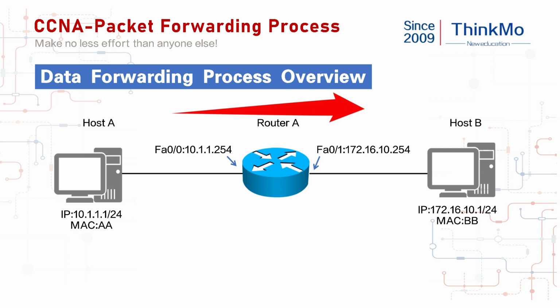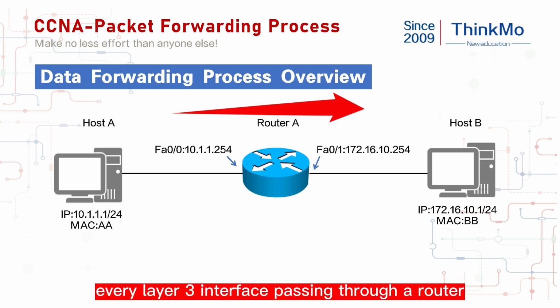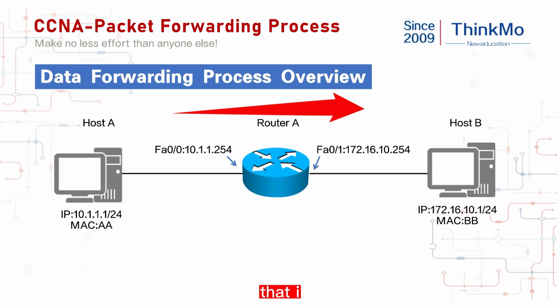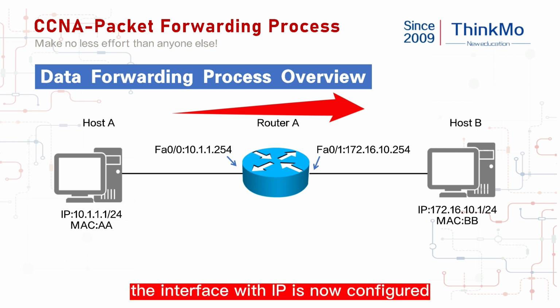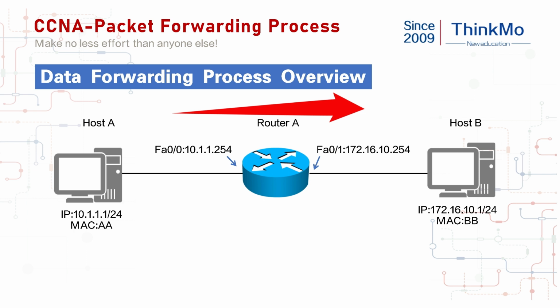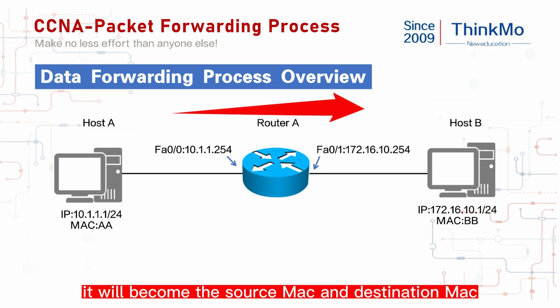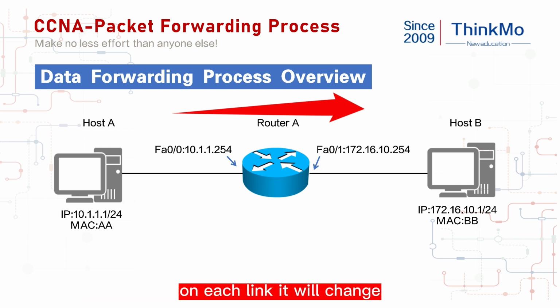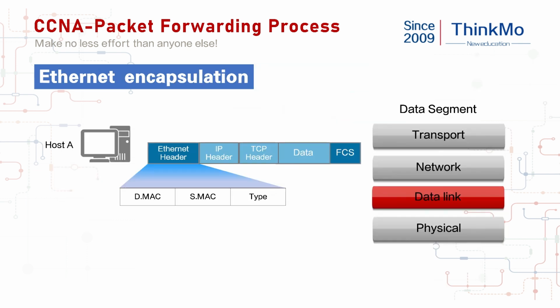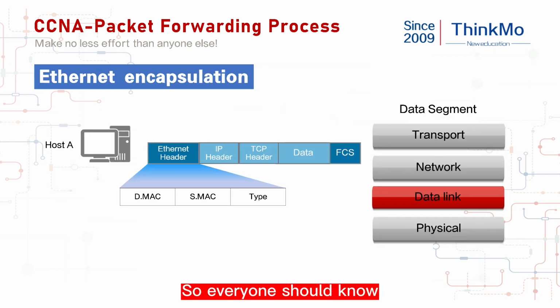So every layer 3 interface passing through a router, that is, an interface now configured with an IP, has its own MAC. When we finally send the data, the second layer will be repackaged. This encapsulation process makes the source MAC and destination MAC on each link change.